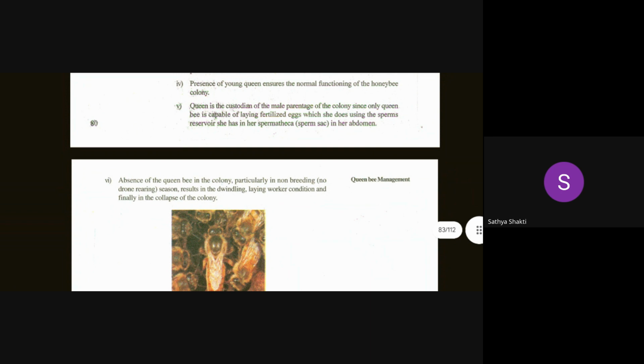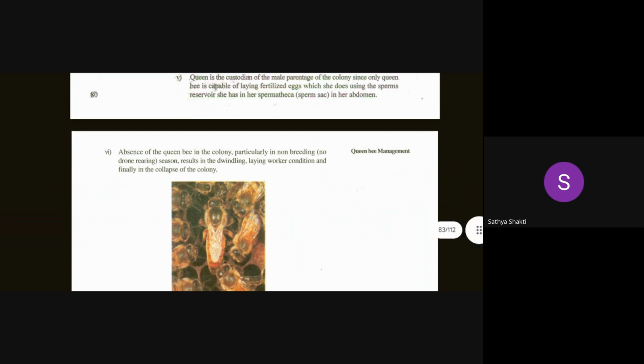Queen is the custodian of its male parentage, as it stores sperms in its sac. Since the queen bee is capable of laying fertilized eggs, which she does using the sperm reservoir she has in its spermatheca, that is sperm sac, in her abdomen. We already know all these things.